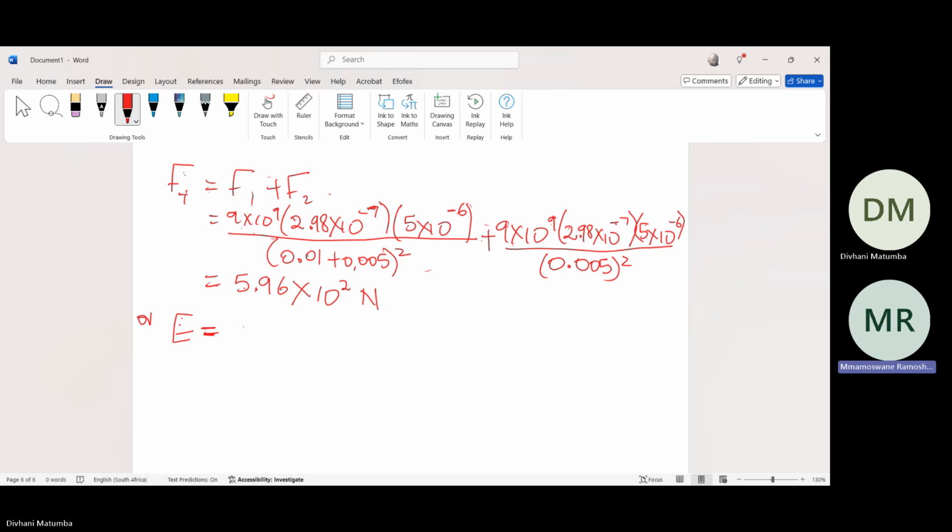Is it not the electrostatic force that is experienced per unit positive charge placed at a point? Yeah.